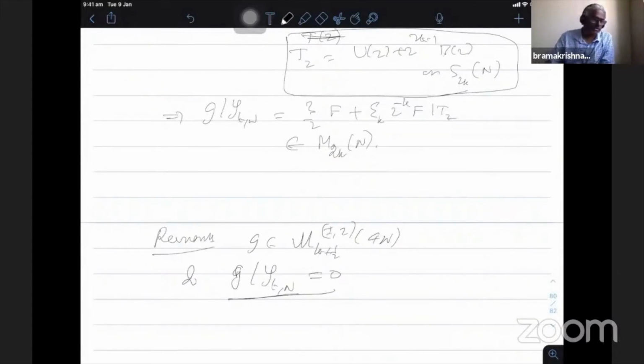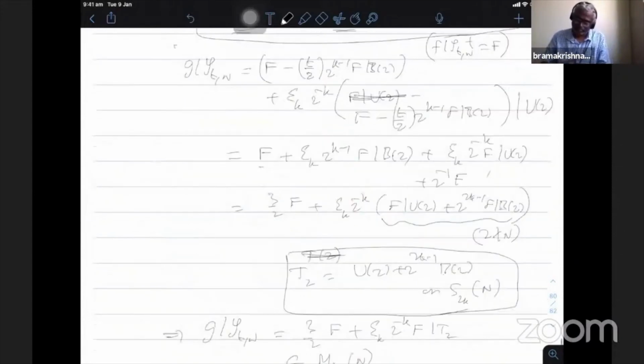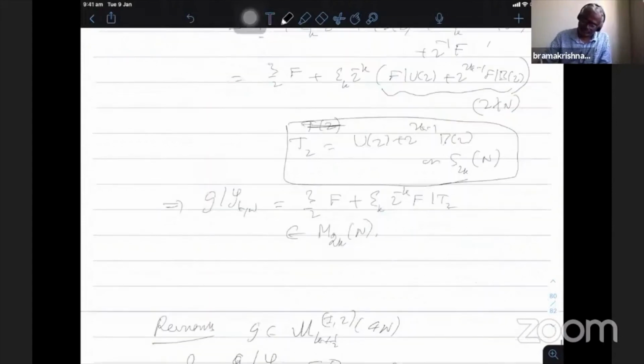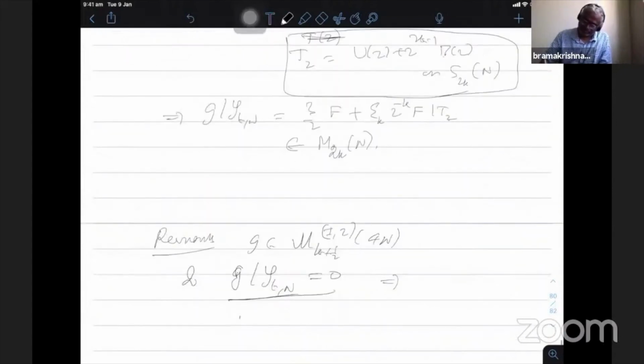This cannot happen. When you go to this particular one and put the left-hand side as 0, what we get on the right-hand side is that F bar T2 is 3 by 2 into 2 power k, that is 3 into 2 power k minus 1, this plus minus F.